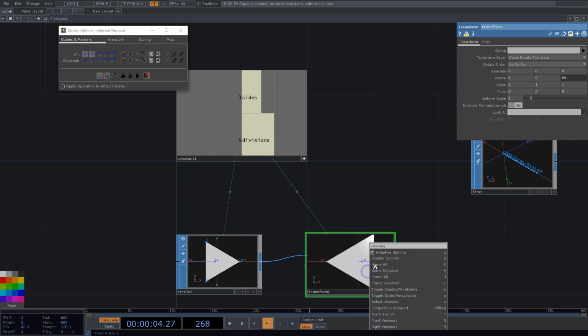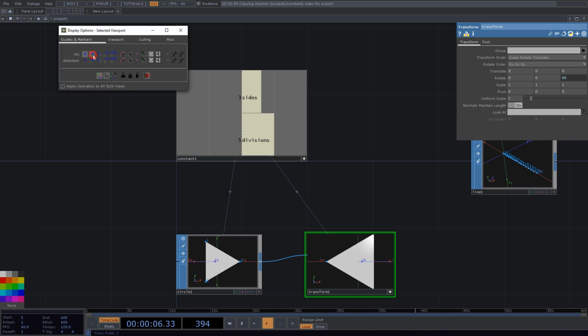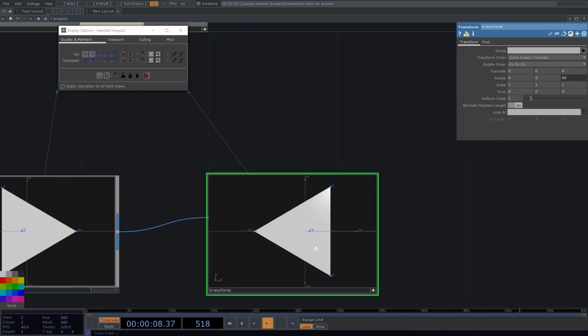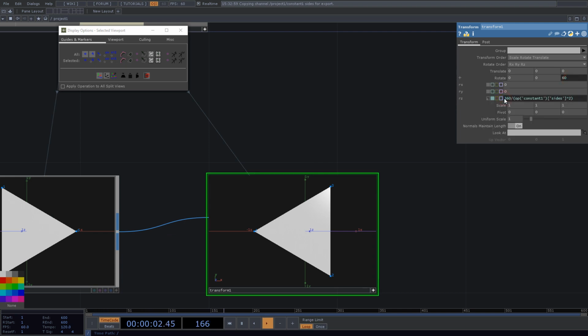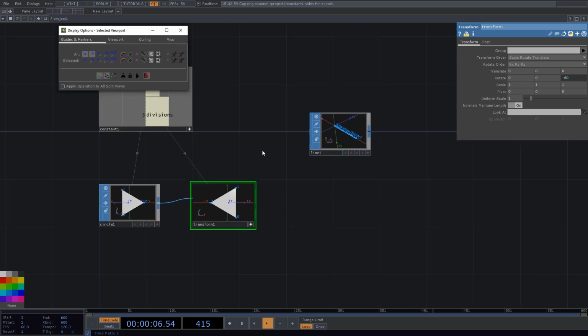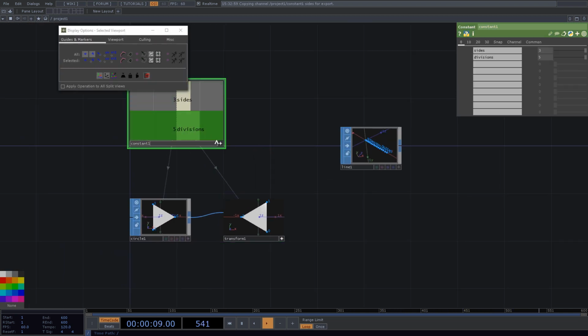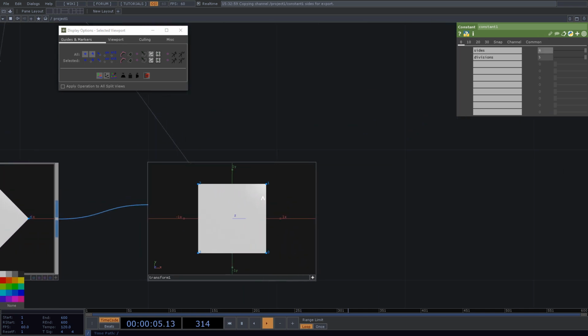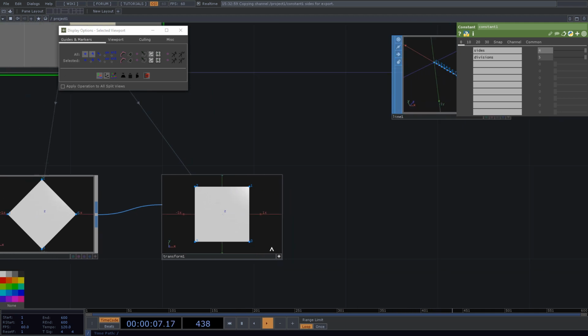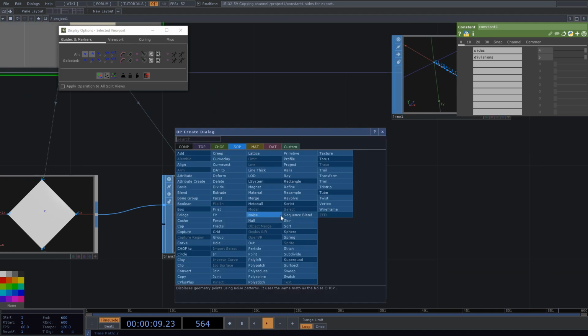So I believe it's minus, let's check. Okay, so we have minus here, and now our line 0, 1 is there no matter how many sides we have. So our 0 line is where it should be. So we delete everything else.